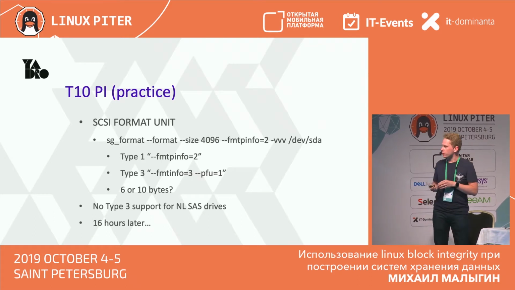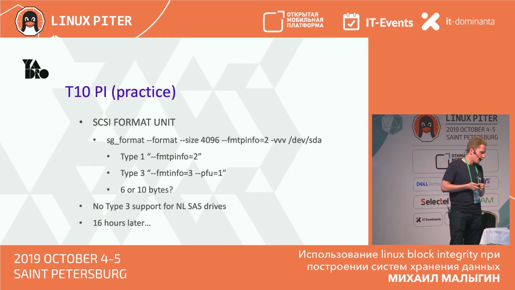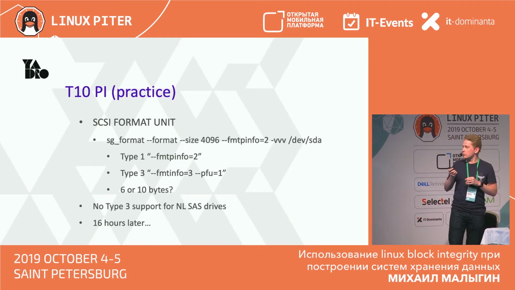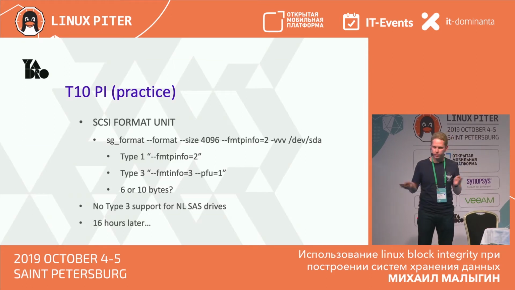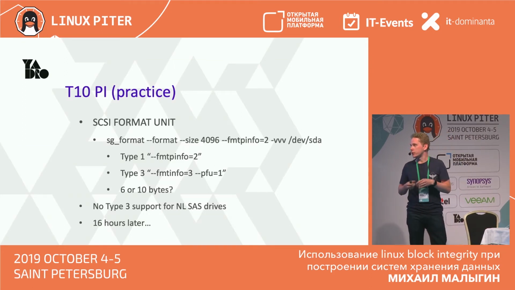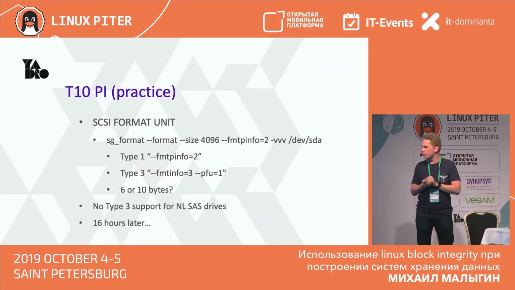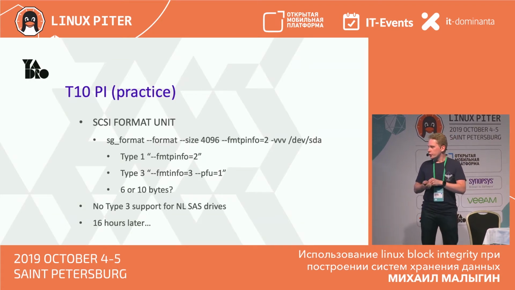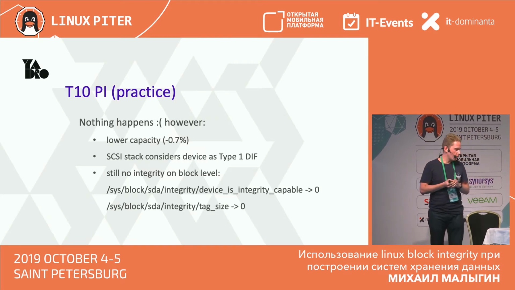Sometimes we need 6-byte commands, sometimes 10-byte commands. We calculated that, and it turns out that type 3 does not exist in hard drives, so a 6-byte sector will not be present there. So no type 3 support. So we'll do it for type 1, wait for another 16 hours, and nothing changes.